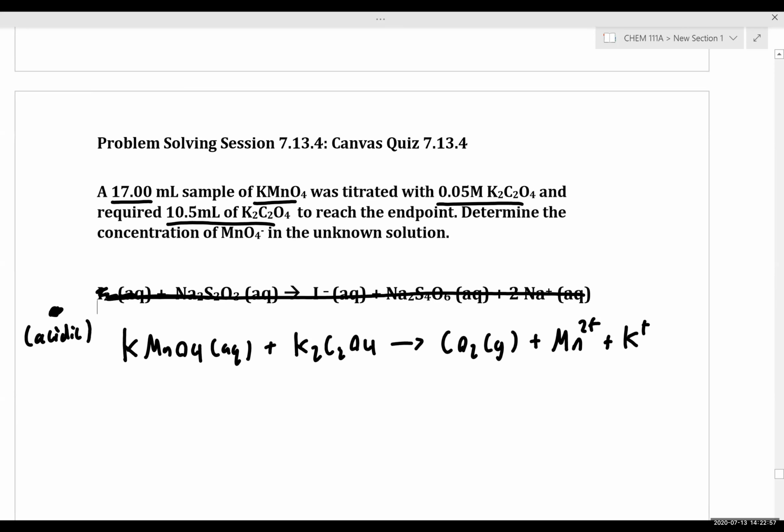So let's take a few minutes and we'll discuss the balanced redox reaction in about 4 to 5 minutes. This is your prototype redox equation, and I'd like you to balance this redox reaction.